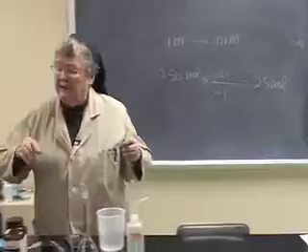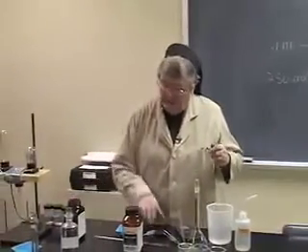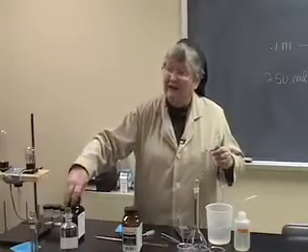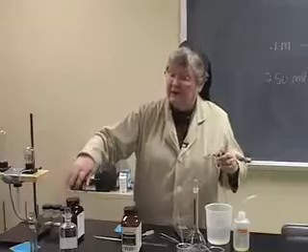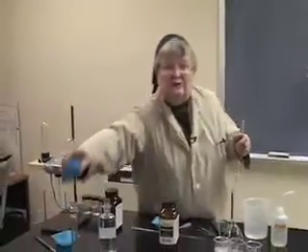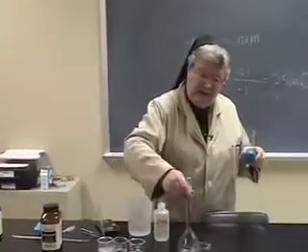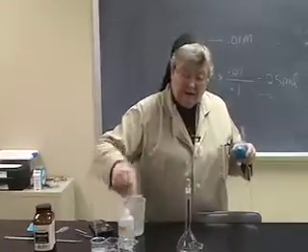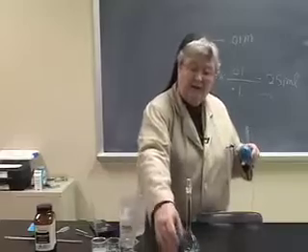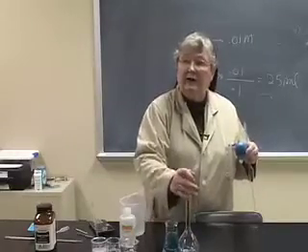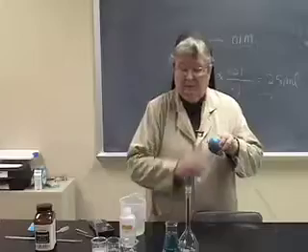Okay, my first example was creating a solution by weighing the solid. My second example would be by dilution. I already had the 0.1 molar, and I decided that if I put 25 milliliters into this and dilute it to 250, I will have cut it by 1/10.